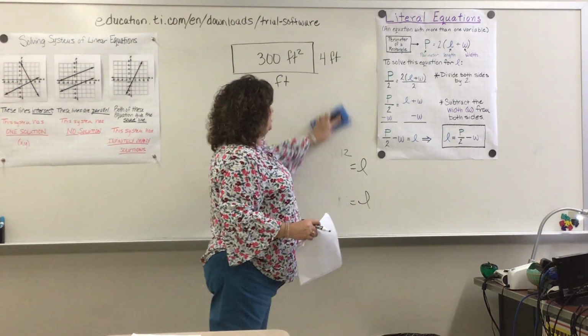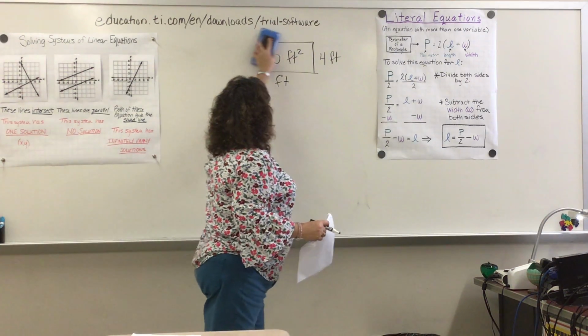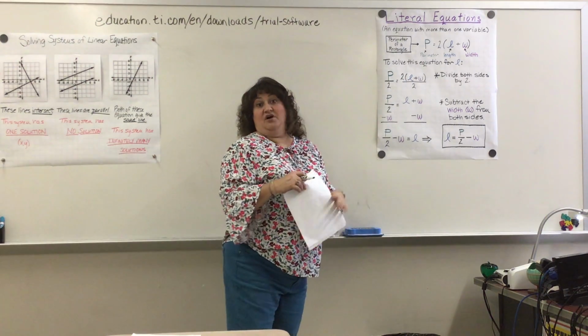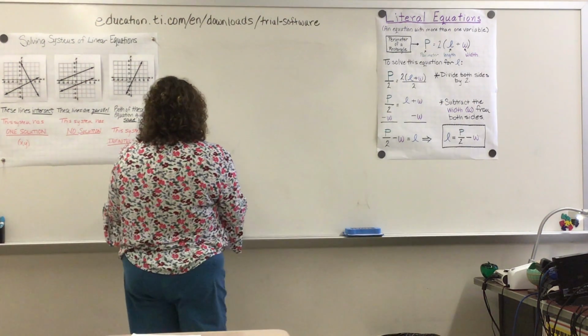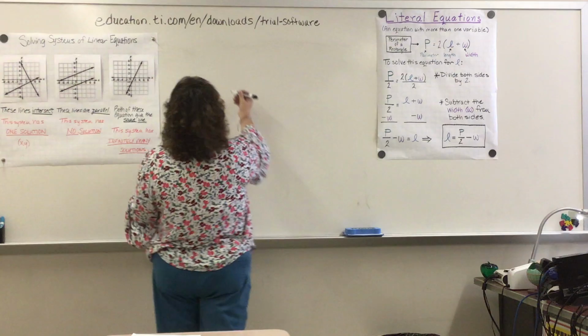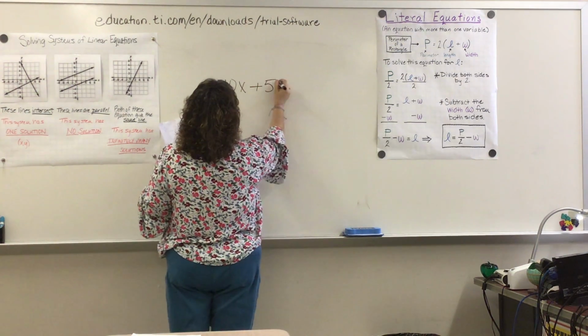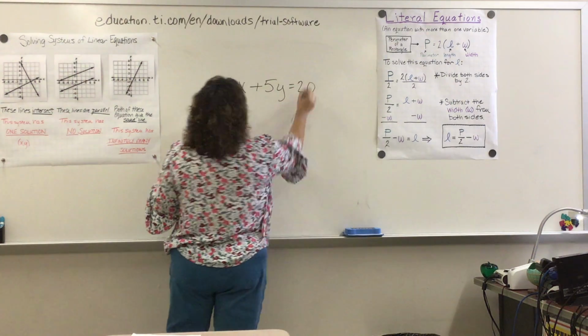But sometimes we're not looking at a formula, because those are both formulas, right? Sometimes we just have an equation. For example, what if I had 10x plus 5y equals 20?